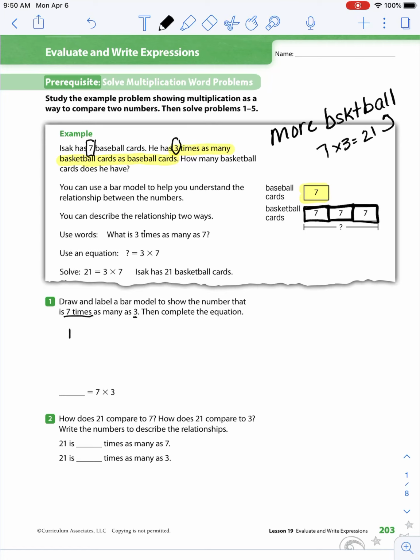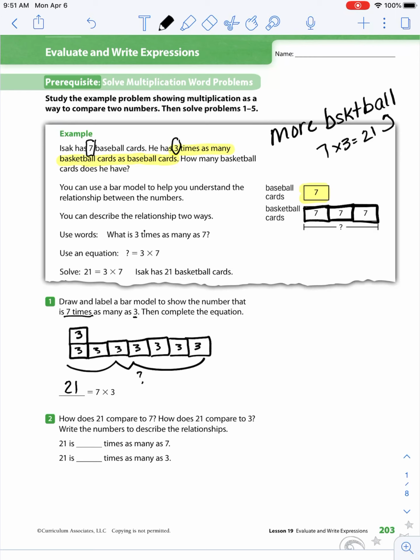In other words, you're starting with 3, and you are doing 7 times as many as that. Which is still going to be 21. So that's how that bar model would look different if, instead of doing 3 times as many as 7, this is 7 times as many as 3.